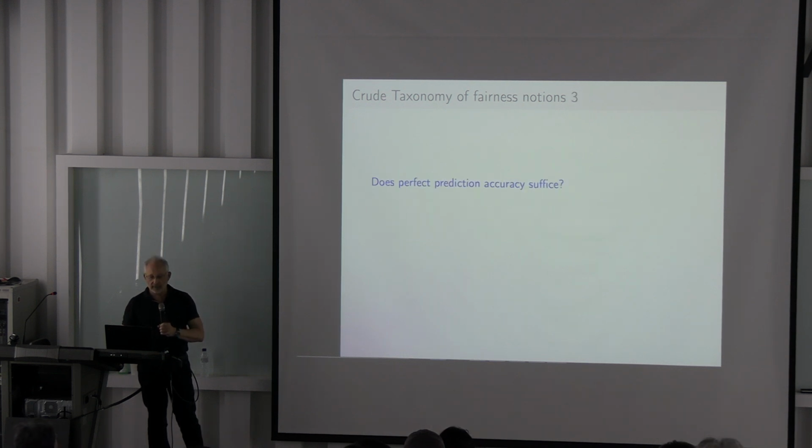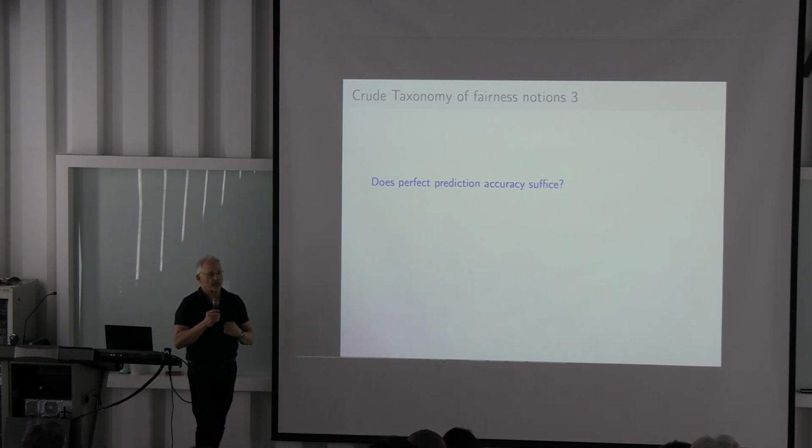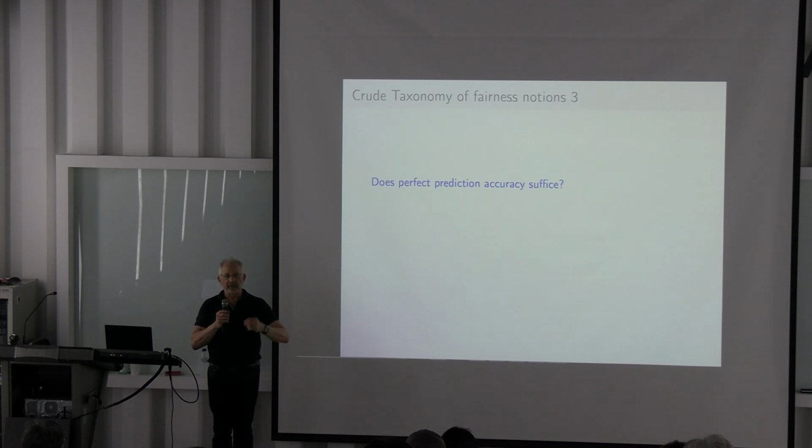We can also ask, does perfect prediction accuracy suffice to count as fair? So assume that I'm predicting completely correctly. I release from jail only those that will not reoffend, and I keep in jail all those that would have reoffended. I'm completely accurate. Will this be considered fair? And some people will say that even that is not considered fair because this group is disadvantaged.